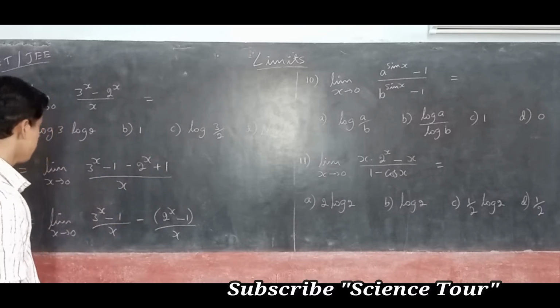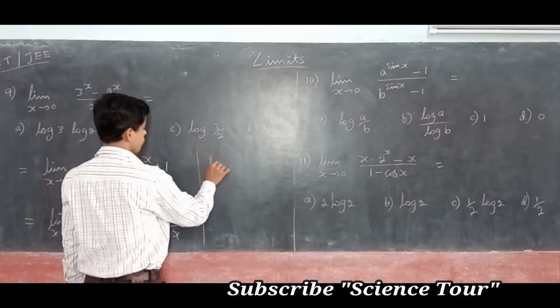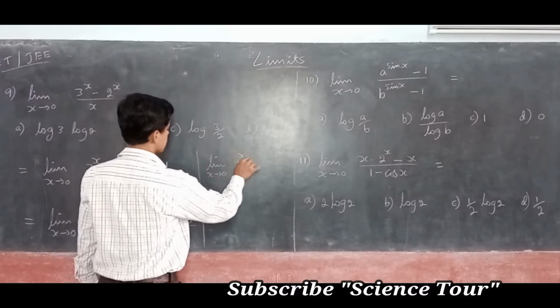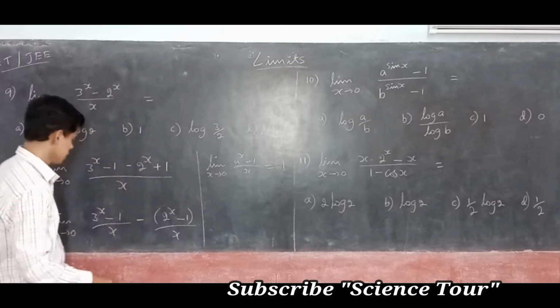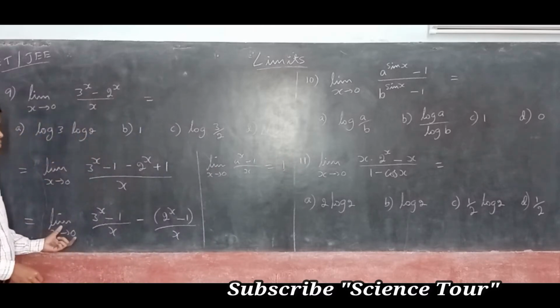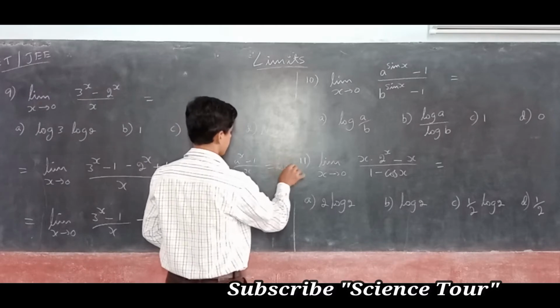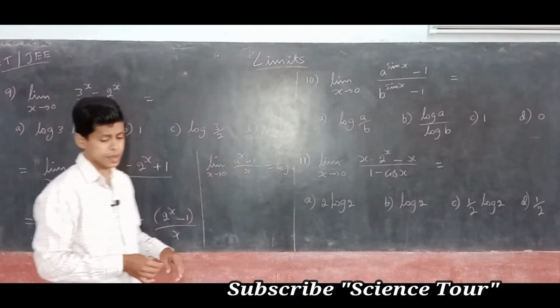Well, now you are at liberty to use the formula limit x tends to 0, a raised to x minus 1 divided by x, and you can write 1 in that place. So you got not 1, I am sorry, it is log a. It will be 1 if you have e raised to x. Okay, so that is log a.